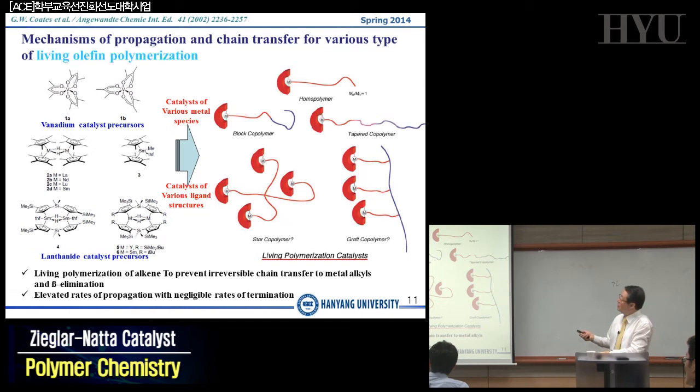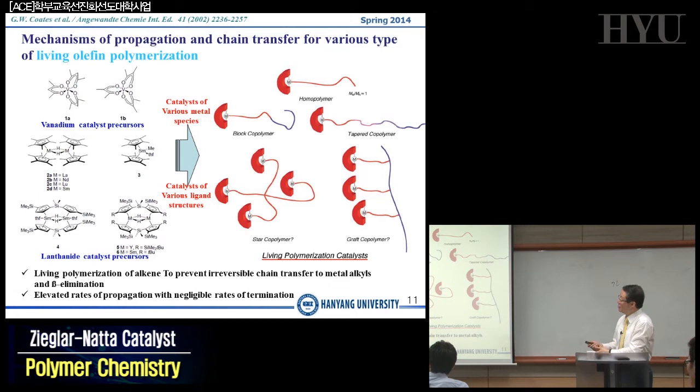Angewandte Chemie International Edition is a German Chemical Society journal. The interpretation of this journal is what? Applied Chemistry International, and this has a very high impact in the chemical journals.